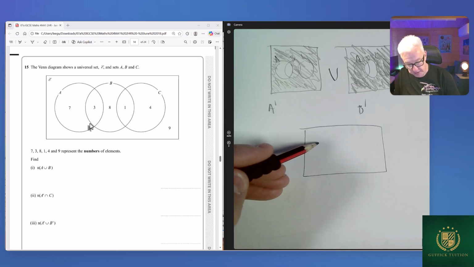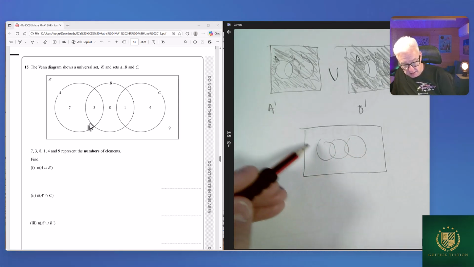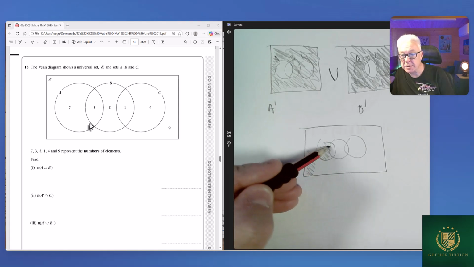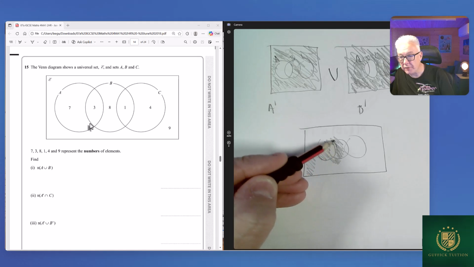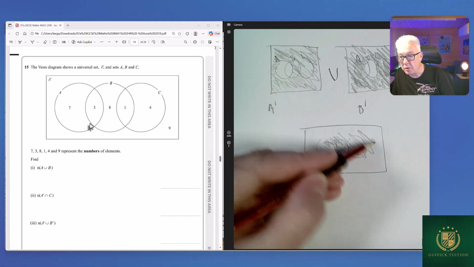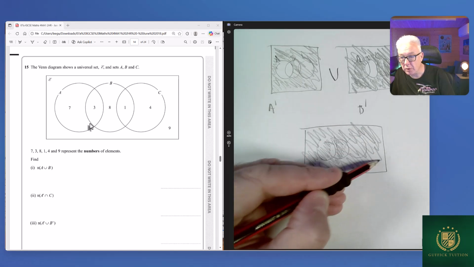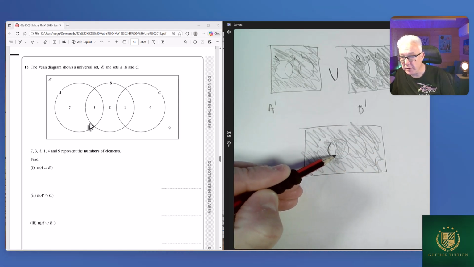Here we go again. So I've got my A, I've got my B, I've got my C. So literally what we would get in that scenario, and I hope that this makes sense, is that everything would be shaded apart from this little bit here. So all of this is shaded, the whole thing, all the way up here like this. The only bit that's not is this little bit here.